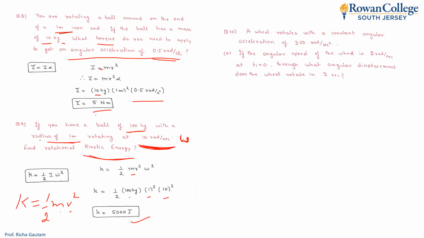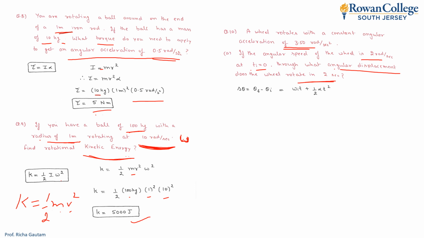So let's do one with the equation as well. Question number 10. A wheel rotates with a constant angular acceleration of 3.50 radians per second square. If the angular speed of the wheel is 2 radians per second at t equals 0, through what angular displacement does the wheel rotate in 2 seconds? Delta theta is equal to omega i t plus half alpha t square.